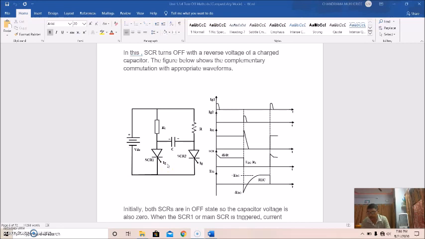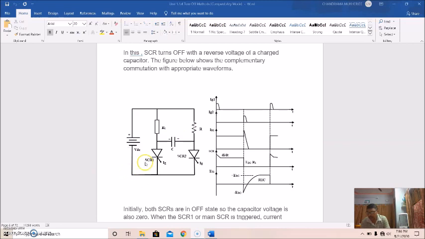to thyristor 1, you will find that thyristor 1 is turned on, and there are two currents mainly flowing, namely load current IL and capacitor charging current. Load current IL flows through this path, and the capacitor charging current flows through another path.